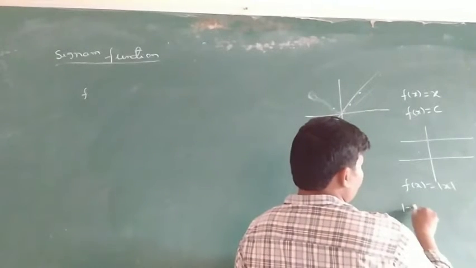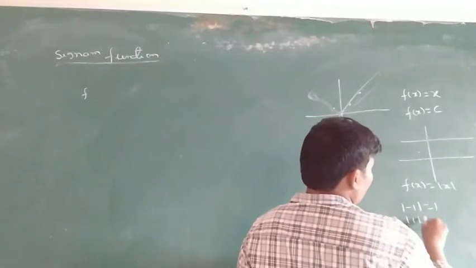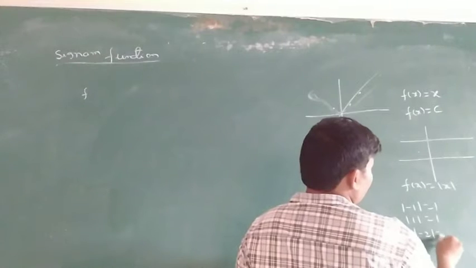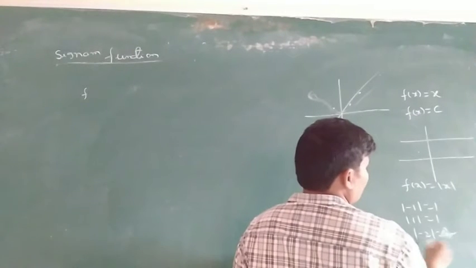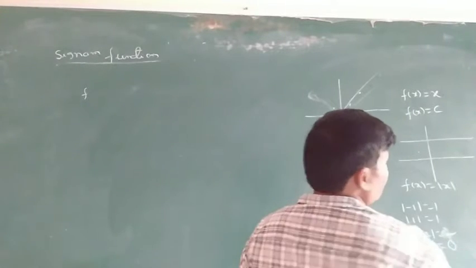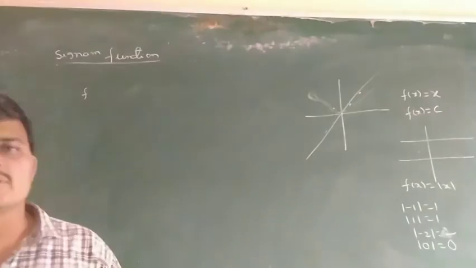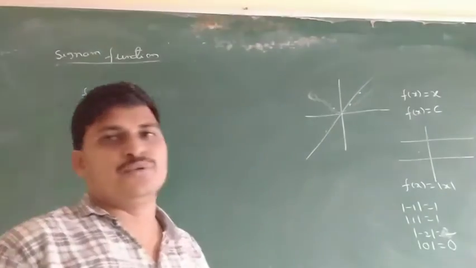Mod of minus 1 is equal to 1, mod of 1 is equal to 1, mod of minus 2 is equal to 2, mod of 0 is equal to 0. So mod of negative or positive, both have the same value.